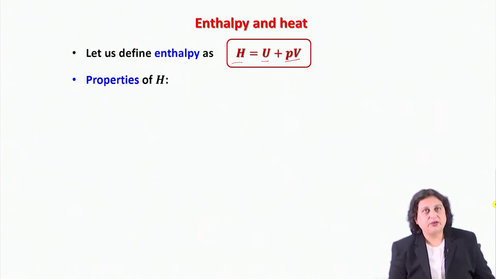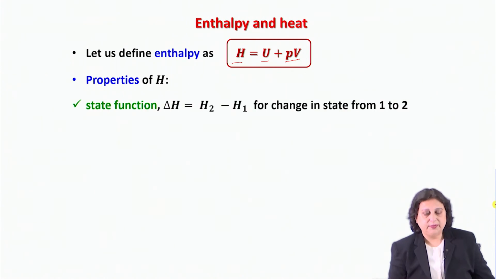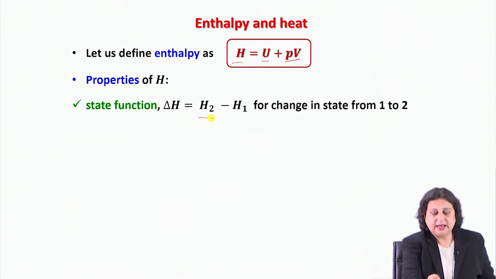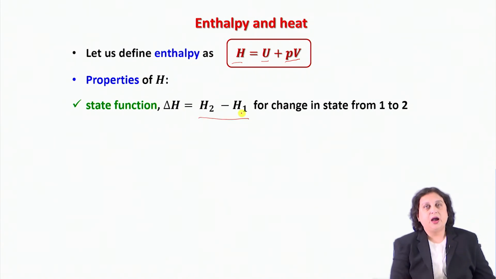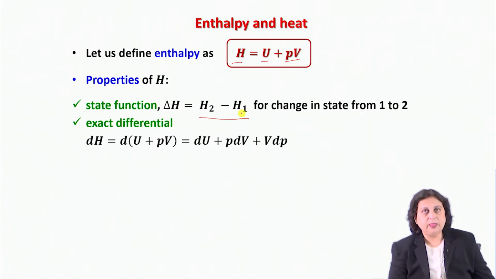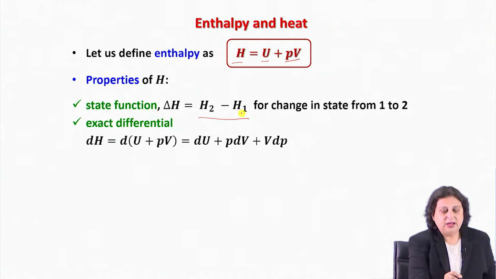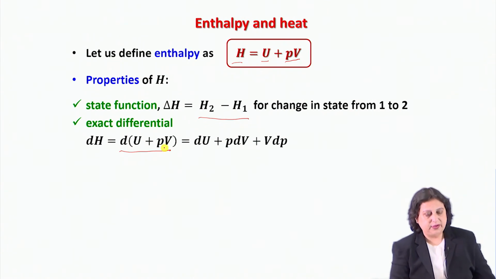Therefore, the properties of H are going to be that delta H should be equal to H2 minus H1 when the system undergoes a change in state from state 1 to state 2. If I think about the exact differential, dH is going to be d of (U plus PV).